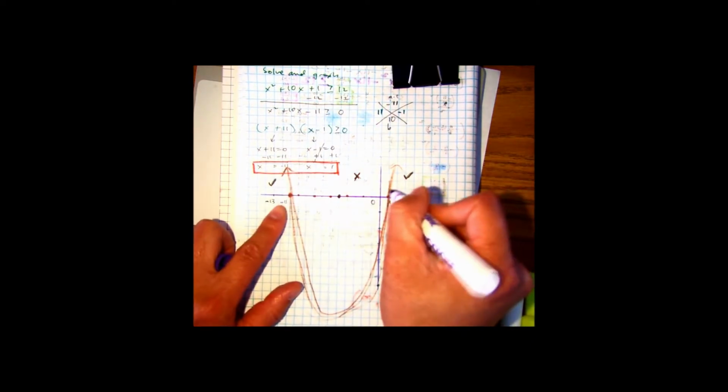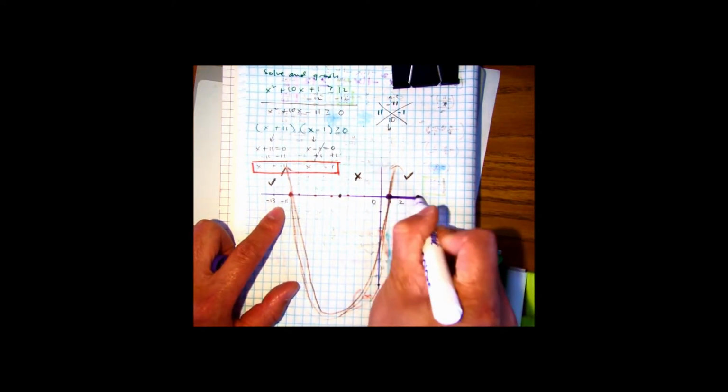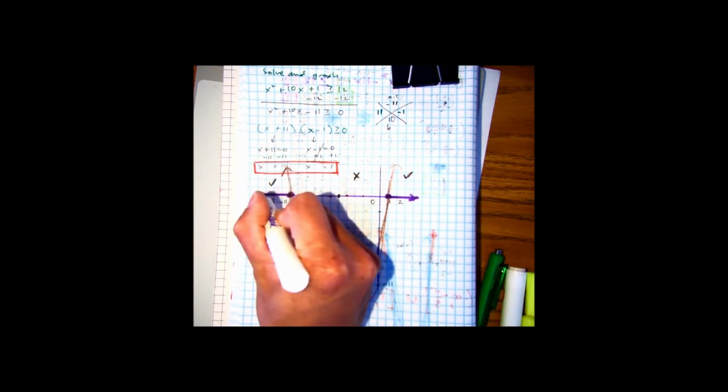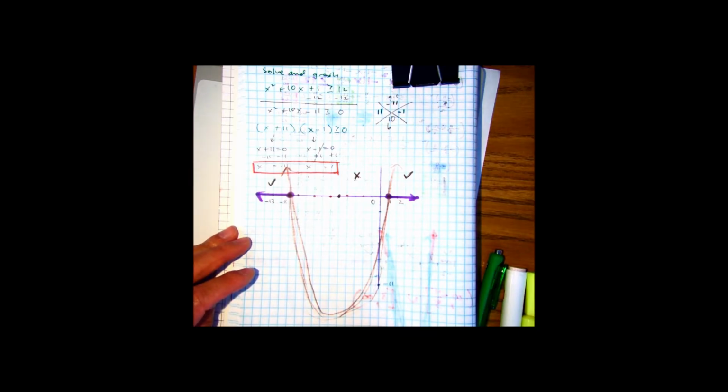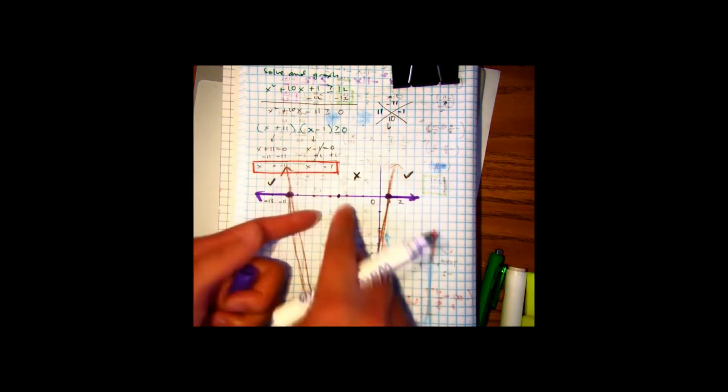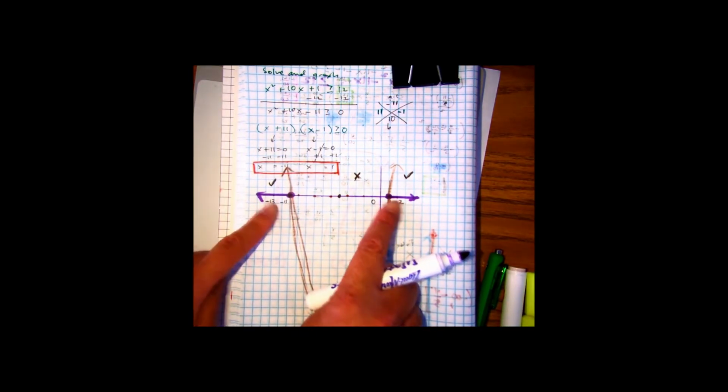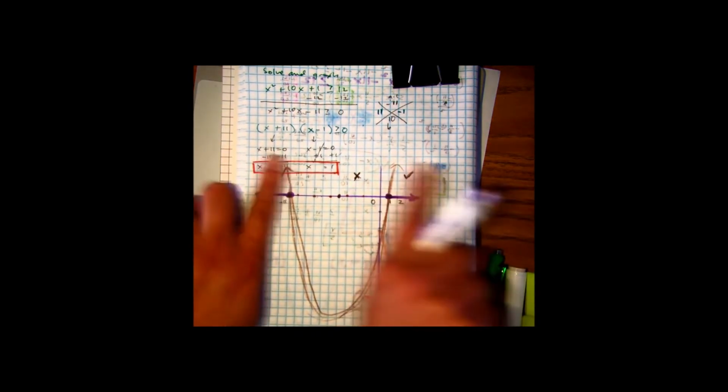Split up. Remember, we did something that looks like this. Do you guys remember that? And splitting up looks like what keyword? Or. Okay, it's only in these areas past those x-intercepts that are solutions.